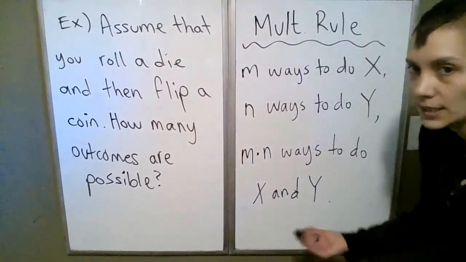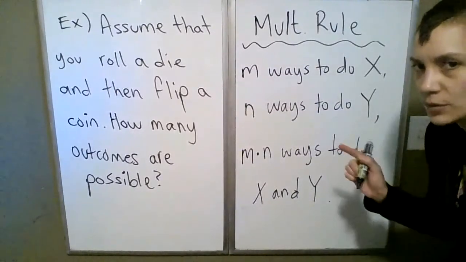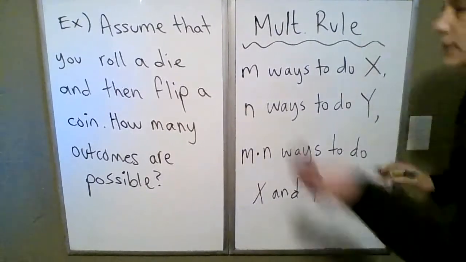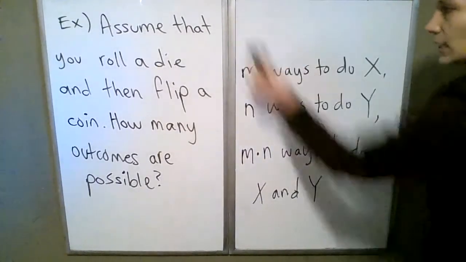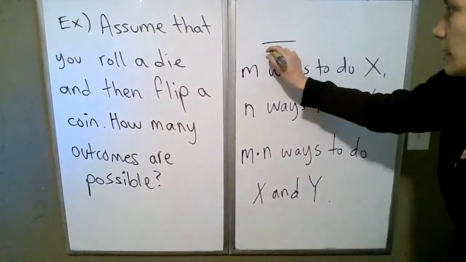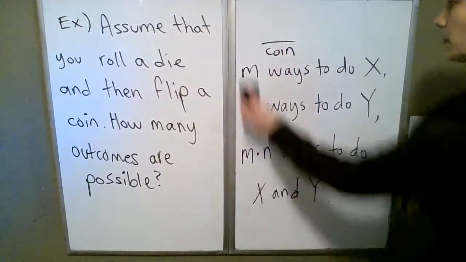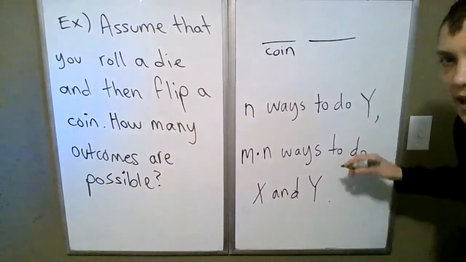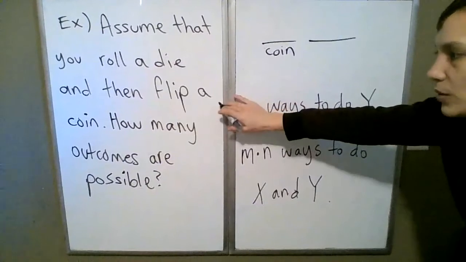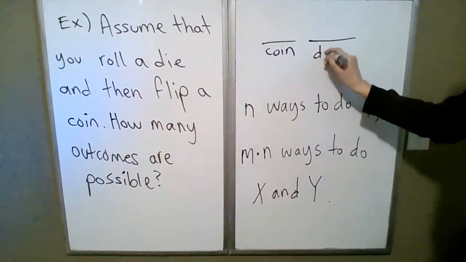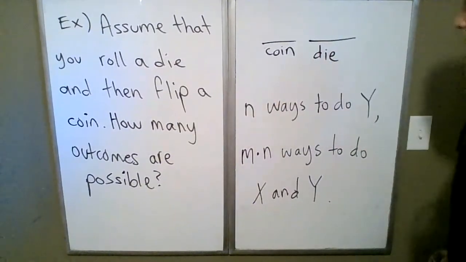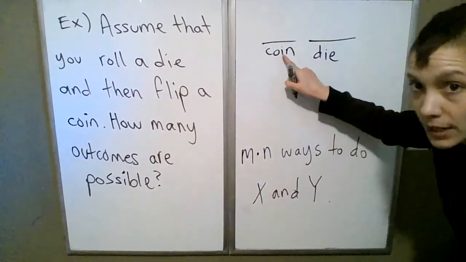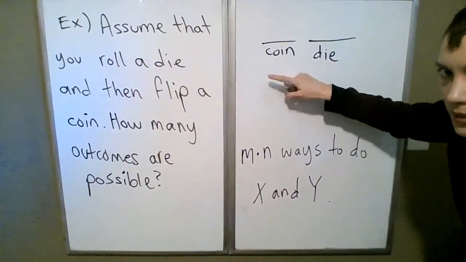And then you'll see today that I like to make a placeholder for all of the different things I'm doing when I have a multiplication rule. So the first thing I want to do is flip the coin. And then I'm going to have a place to have the roll for my die. There are two outcomes possible for a coin flip, heads or tails.